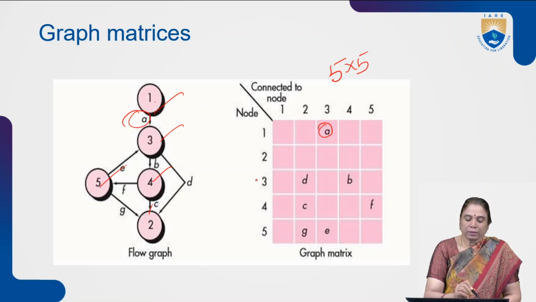Similarly, for 3 to 2, the connection exists. The weight has to be represented at the intersection of the third row and second column. In this way, the graph matrix is developed from the control flow graph.